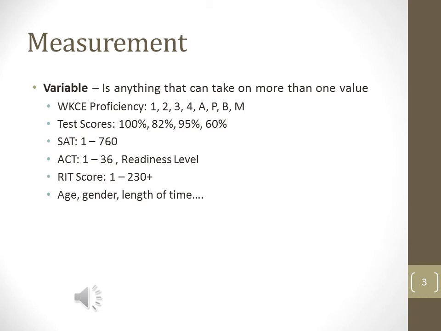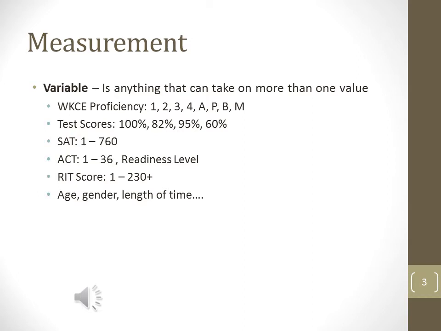Test scores. You can have all sorts of values on a test score. You can have 100%, you can have 82, 95%. On your SAT, you can have a value of a 1 to 760 on a math assessment or the reading language portion.